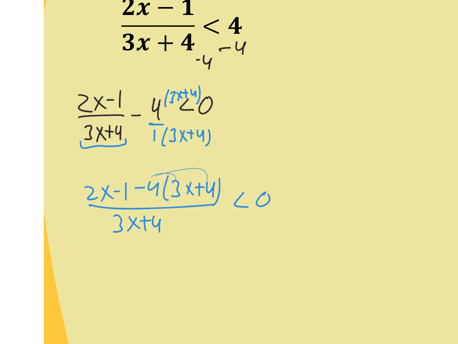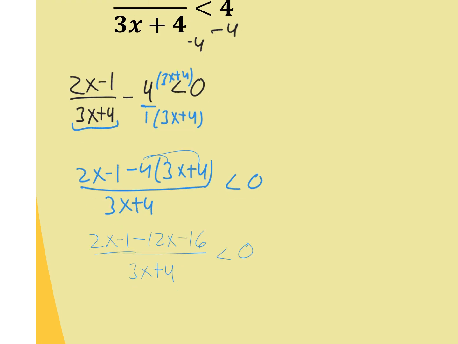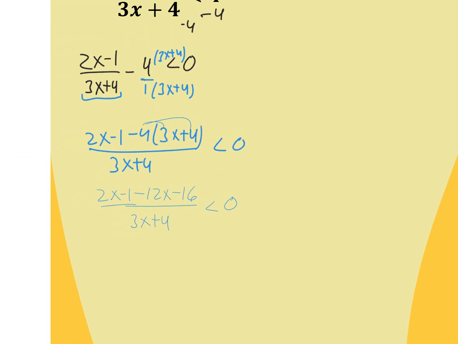I'm going to distribute that -4. I get 2x minus 1 minus 12x minus 16 over 3x plus 4 is less than 0. And then let's simplify a little more. This is going to get us negative 10x minus 17 over 3x plus 4 is less than 0.